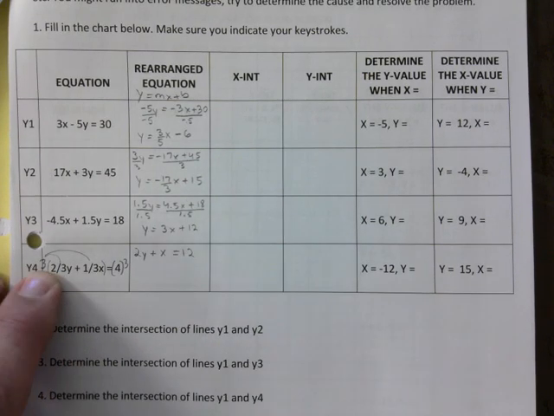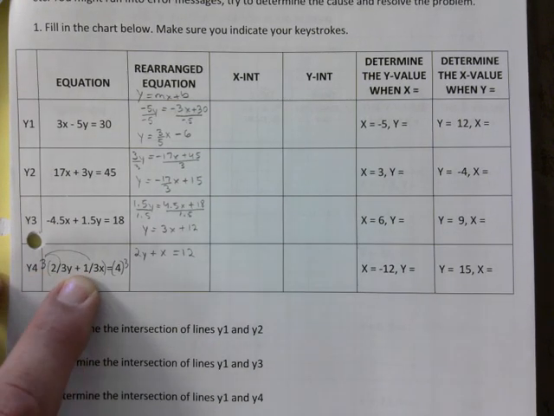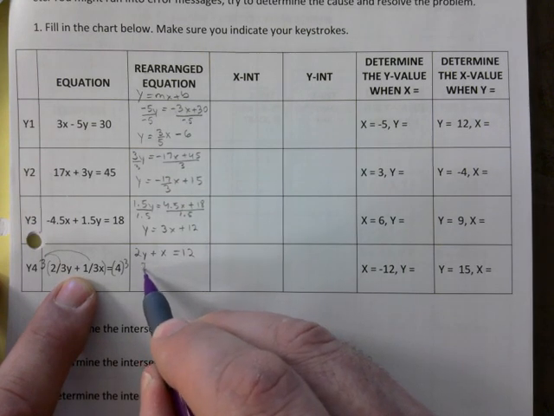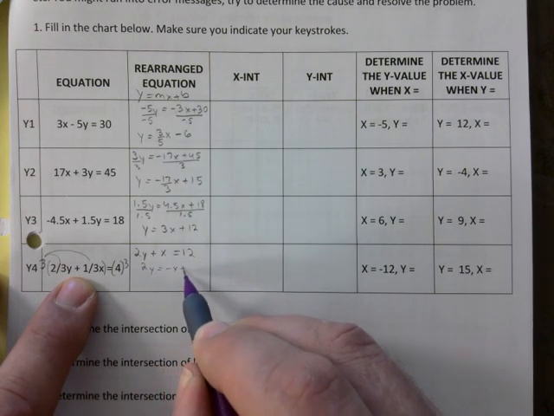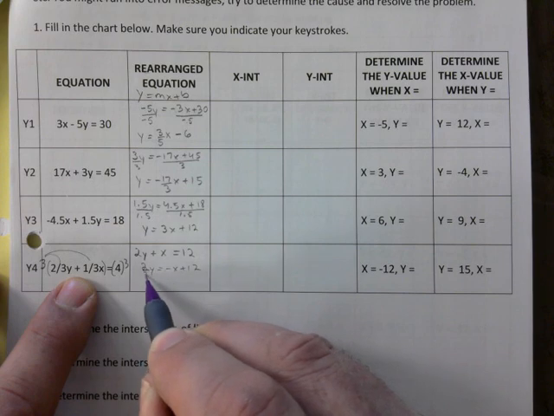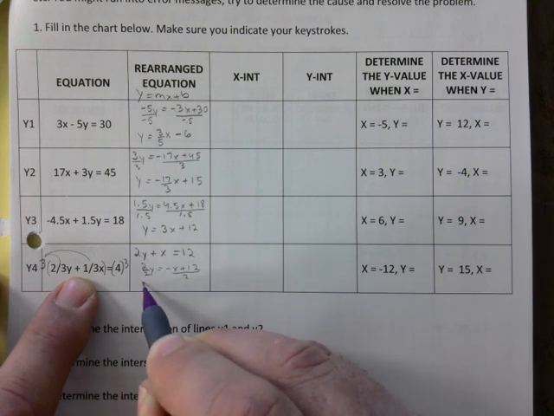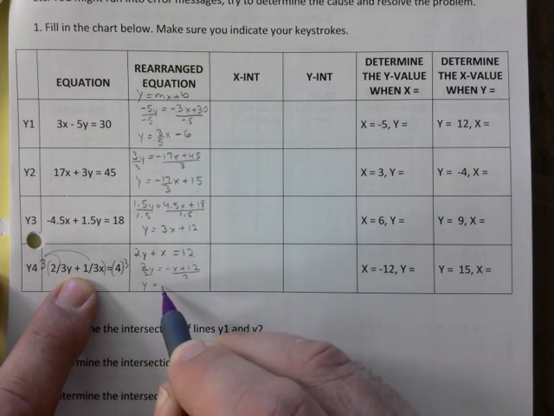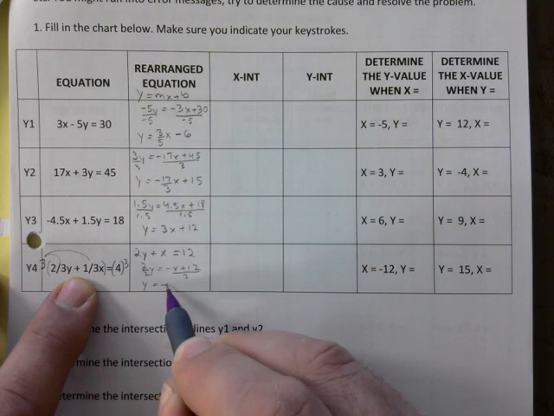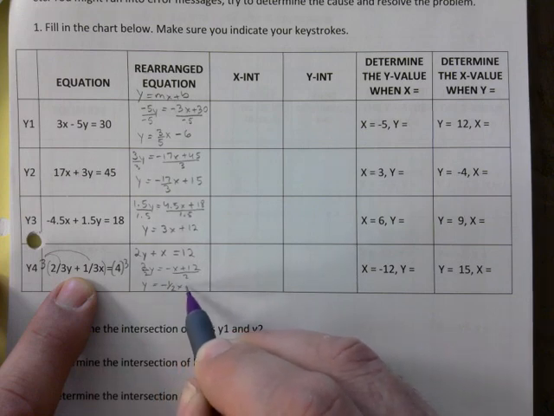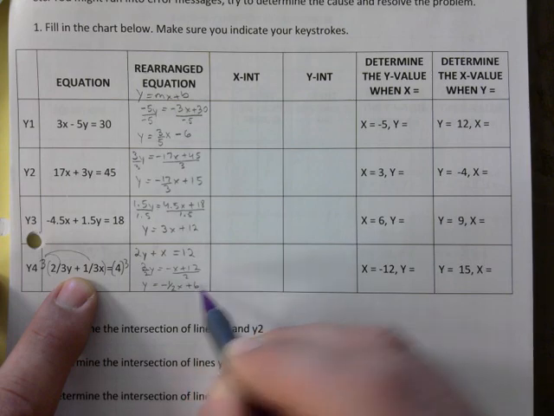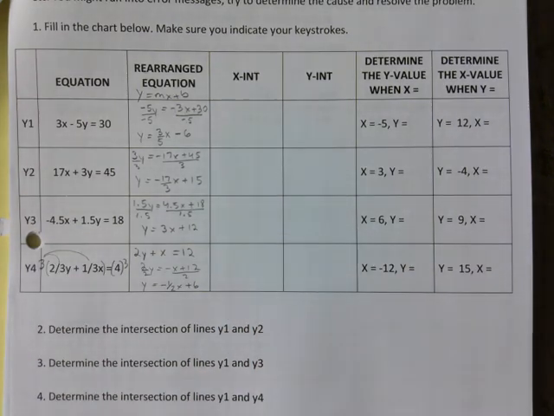So the thirds cancel out, right? And so that ends up being 2y is equal to -x plus 12, divided by 2, divided by 2. Y is equal to -1/2 x plus 6. I know that's hard to see, but I hope you get it.